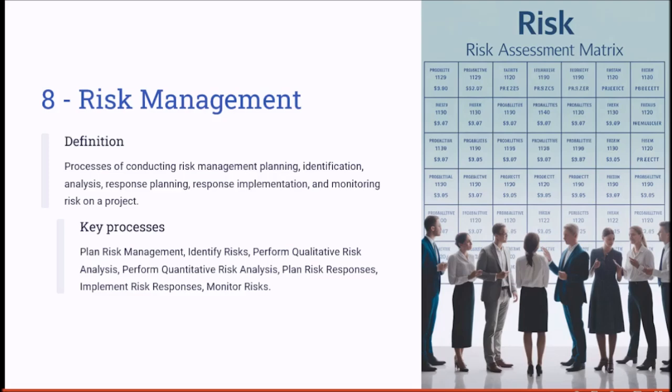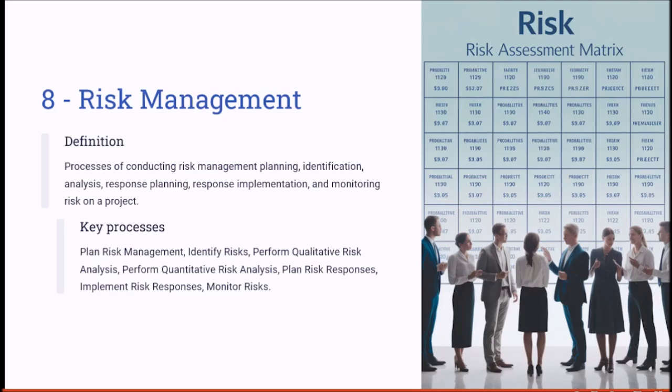The next key process is performing quantitative risk analysis. Think of assigning numeric values to each of these risks in terms of cost or time. So it numerically analyzes the combined effect of identified individual project risks and sources of uncertainty on overall project objectives.